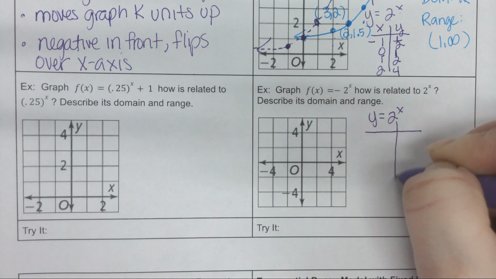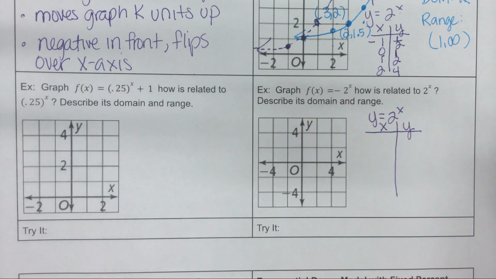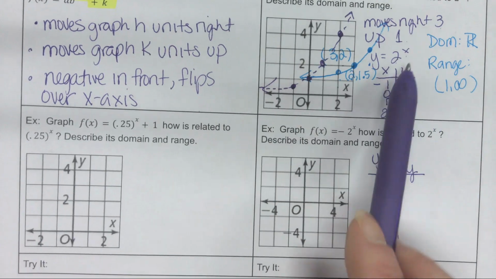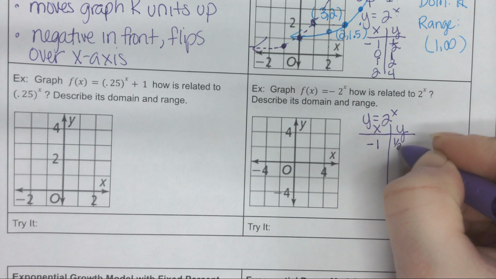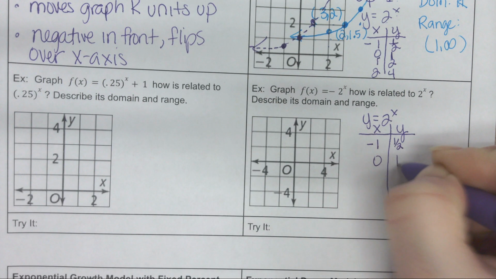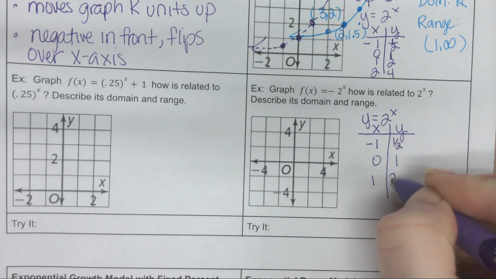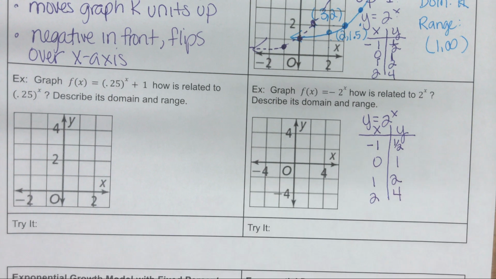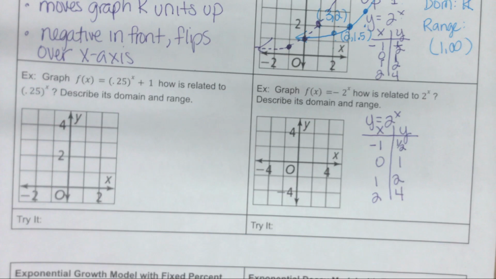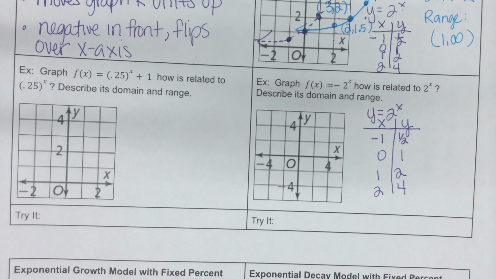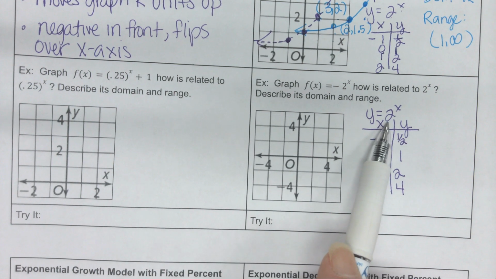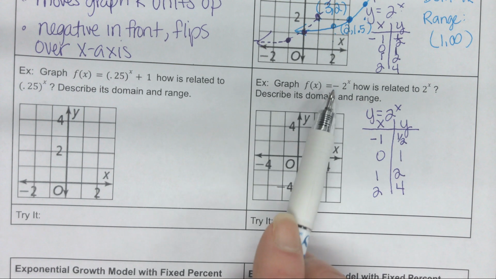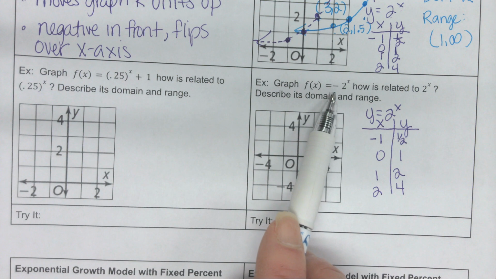Doing the original graph here, I just did these points, agreed? We said -1 was 1/2, 0 was 1, 1 was 2, and 2 was 4. So if I told you, all right guys, instead of the output being 2 to the x, I want you to make the output the opposite of 2 to the x.